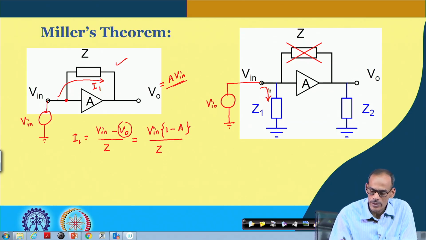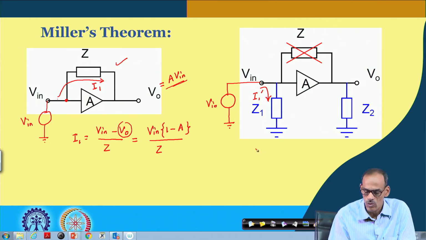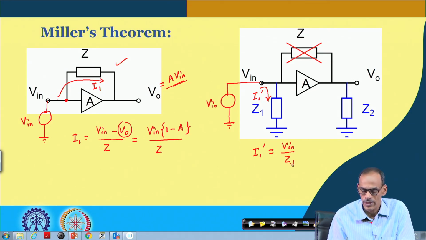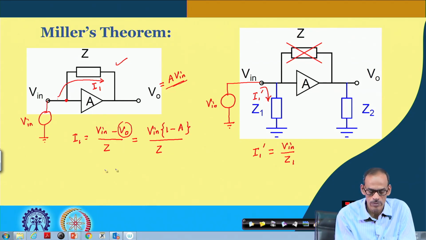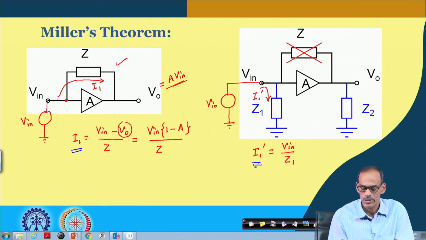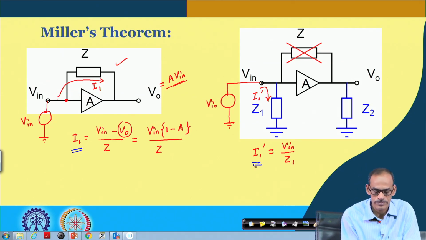Now, in this other case, if I call this current I1 dash, we can write I1 dash equals V in divided by Z1. To claim that these two circuits are equivalent, we have to equate these two currents, which should be equal.